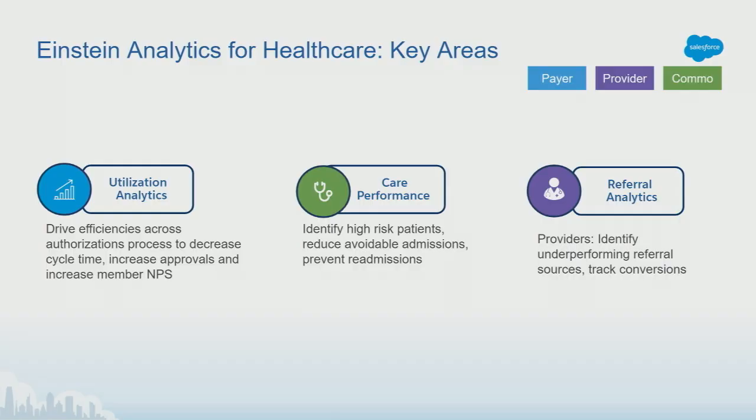Let's talk a little bit about the use cases that we are launching with the first release of the application. With the first release, we're going to focus on 3 core areas. If you're a payer, Utilization Analytics is the module that you will leverage a lot. It enables you to focus on your entire care request process.